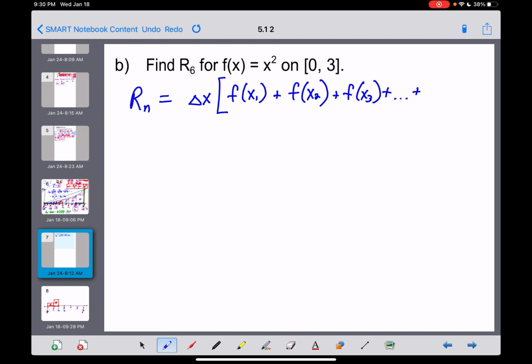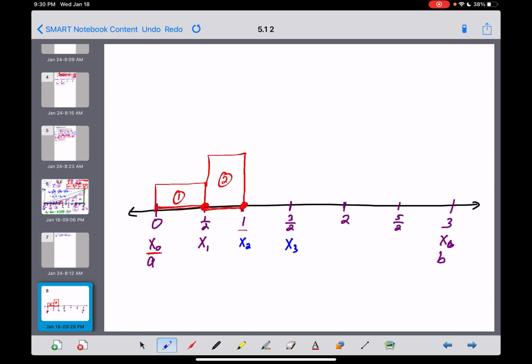And again, the question is, where do we end? Wrong way, sorry. So our last subinterval goes from 5/2 to 3, but because we're now doing right rectangles, we're going to use the right endpoint right here, which is x sub 6, or in general x sub n, to determine the height of that last rectangle, looking something like this.